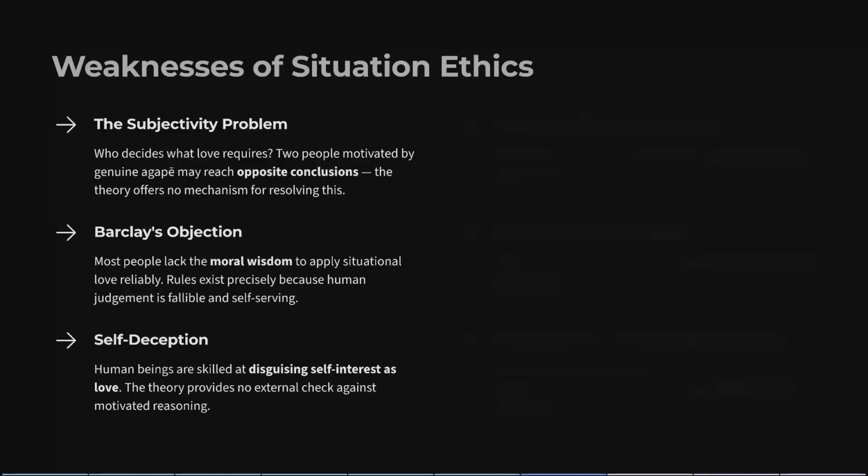The self-deception is often genuine rather than cynical. And Fletcher's framework offers no external check on this tendency. There's no test you can apply to distinguish genuine agapē from motivated reasoning. The theory trusts the individual completely, and history gives us many reasons to question that trust.